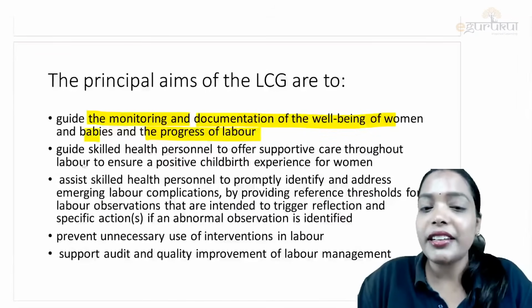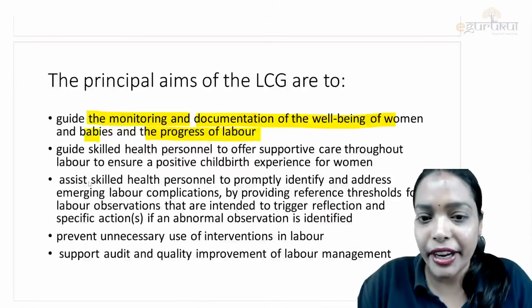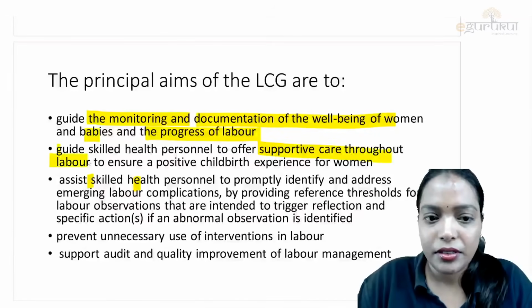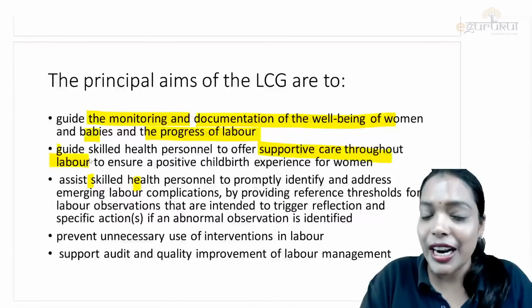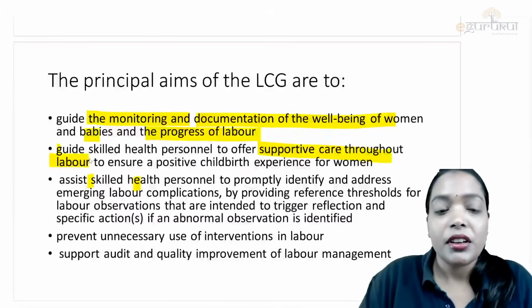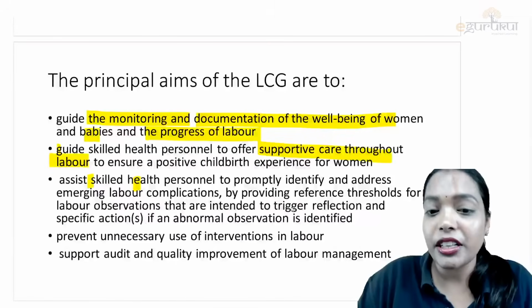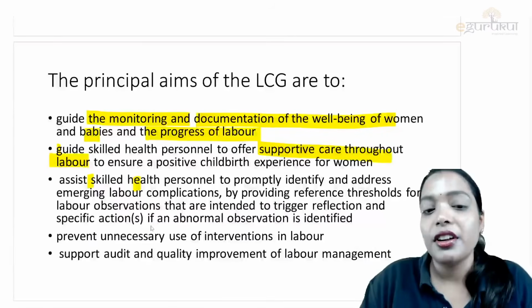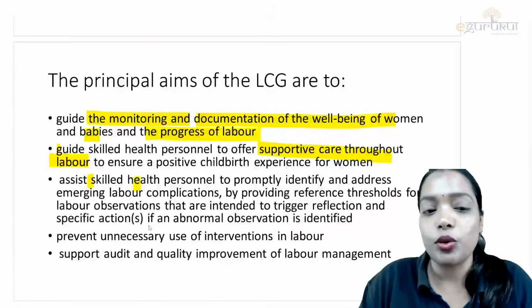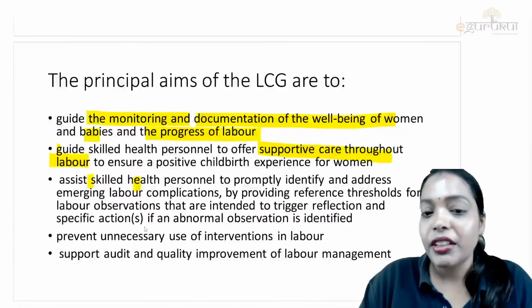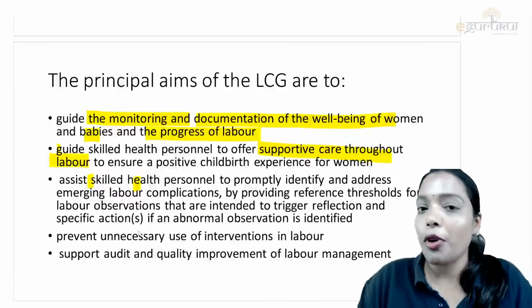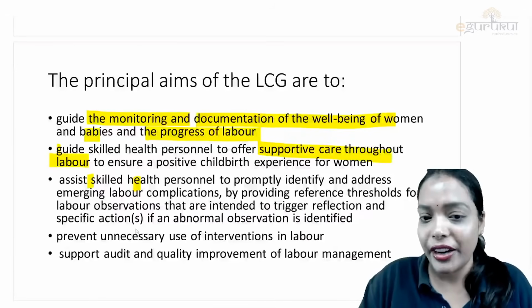To guide the skilled health personnel to offer supportive care throughout the labor. To ensure a positive childbirth experience for the woman. To assist the skilled health personnel to properly identify and address emerging labor complications by providing reference thresholds for labor observation that are intended to trigger reflection and specific actions if an abnormal observation is identified.